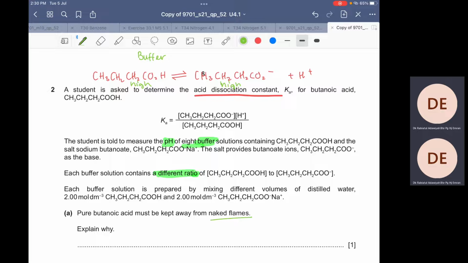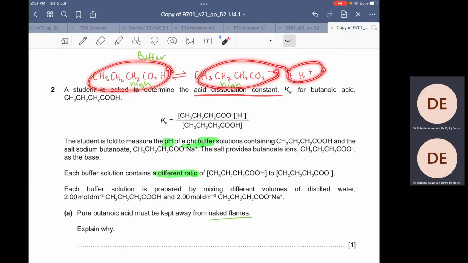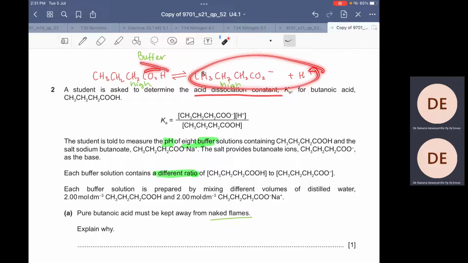We are looking at the acid dissociation constant. So if I am writing down the equilibrium for butanoic acid, it will be butanoic acid dissociates into butanoate ion and H+. Okay? And the Ka would be concentration of products over the concentration of the reactants.